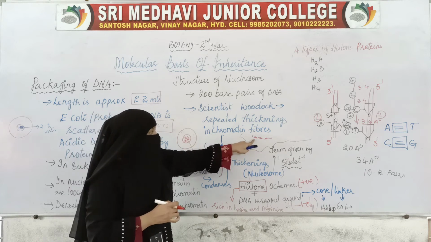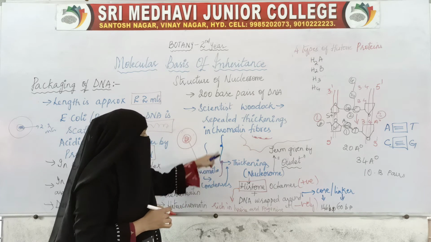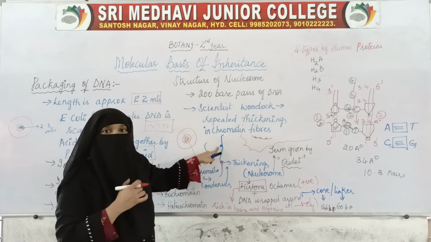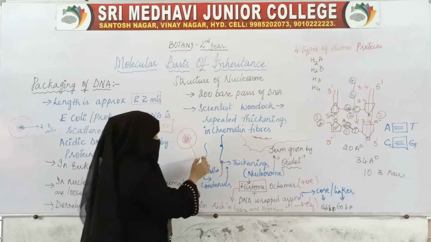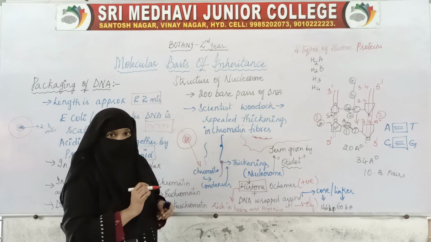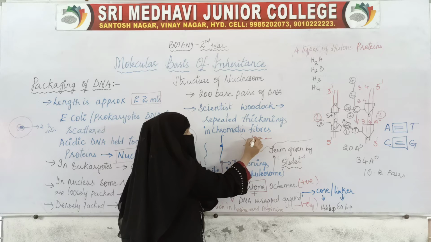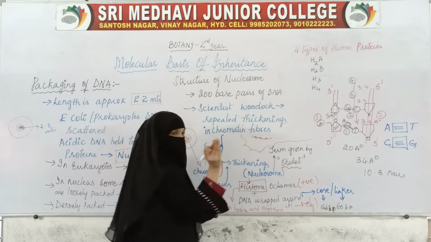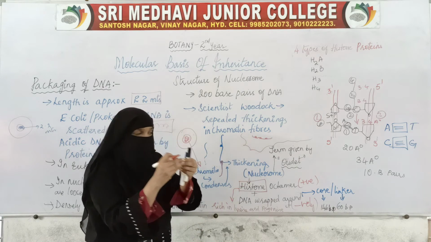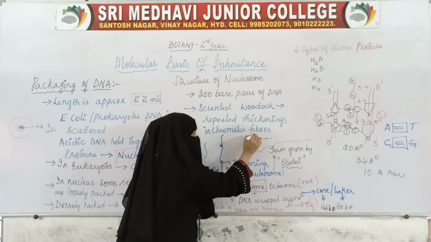Because of this condensing, we are seeing the thickenings. These thickenings are nothing but the condensing of this chromatin. The chromatin has condensed, came together. Because of that, the thickening is seen.